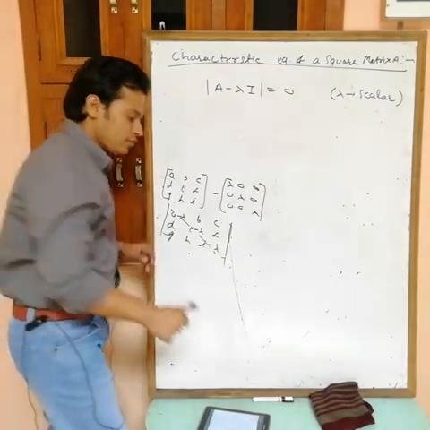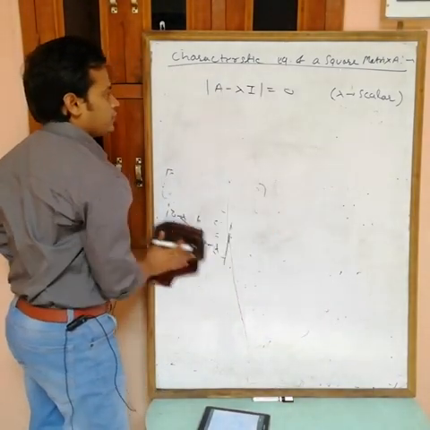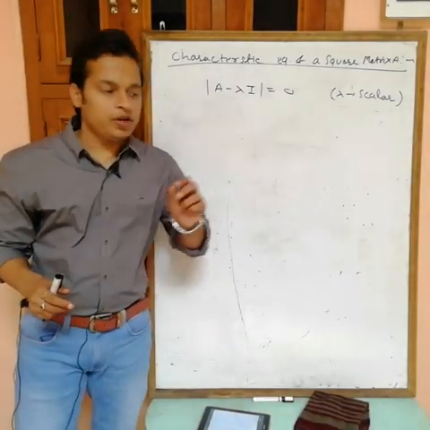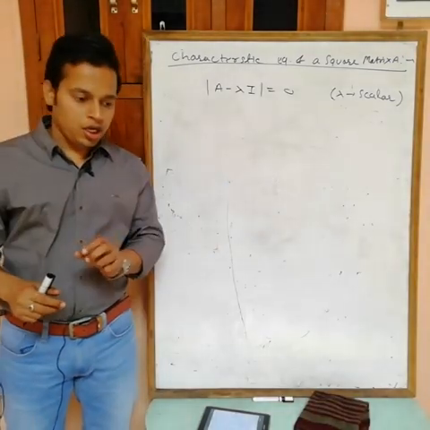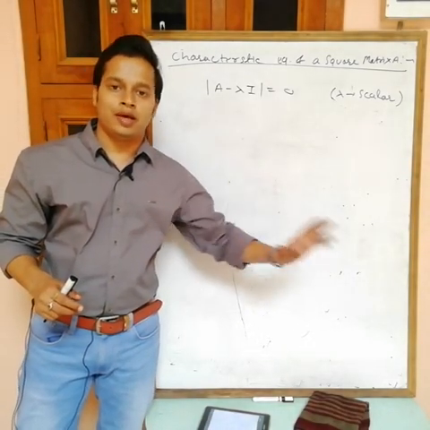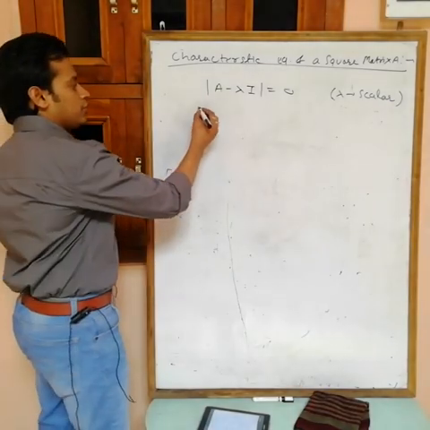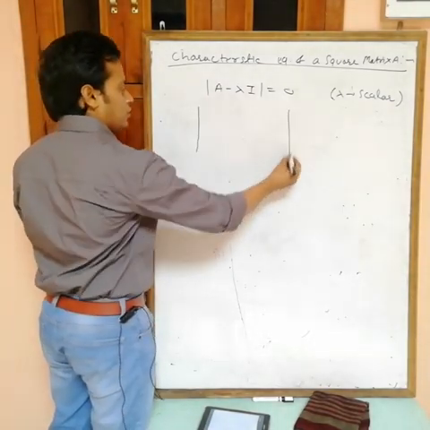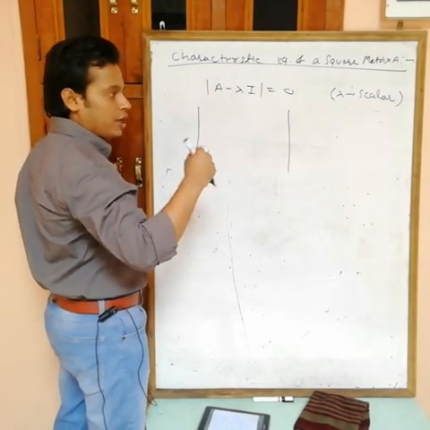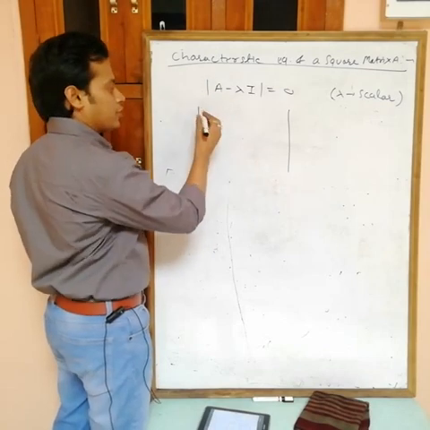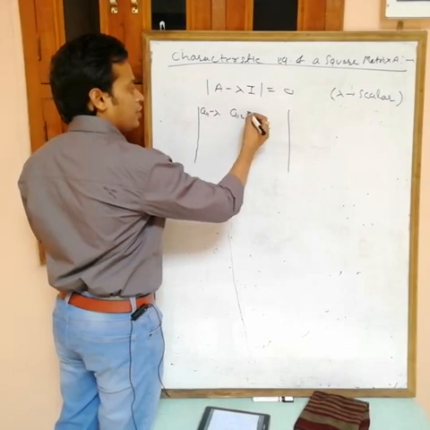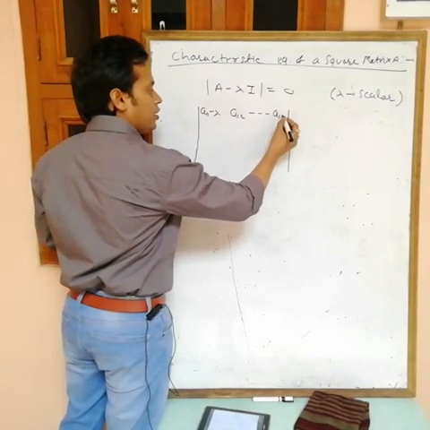So in general, suppose I am assuming that A is a matrix of n by n order. Elements are a11, a12, up to a1n, a21, a22, a23, up to a2n, an1, an2, an3, up to ann. Now if you find the determinant of A minus lambda I, where I is the identity matrix multiplied with lambda, then subtract, you will get a11 minus lambda, a12 remains same, a13 remains same, and at the end a1n.